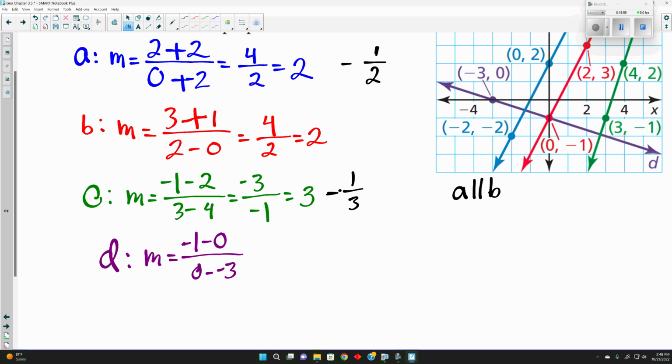Yeah. Negative 1 minus 0 is negative 1 plus... yes. C is perpendicular to D.